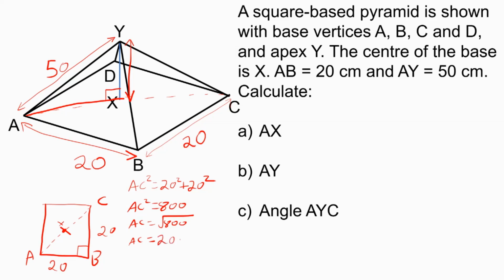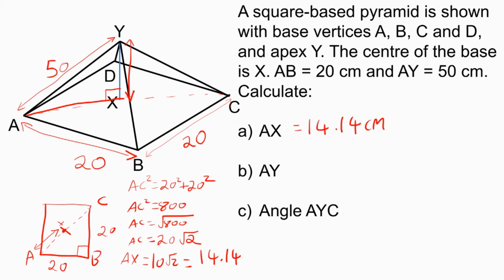So think about then how you could get AX. To get AX, we just need to halve this. So we end up with 10 root 2 for AX, which is about 14.14. So we get AX as 14.14 centimeters to 2 decimal places.